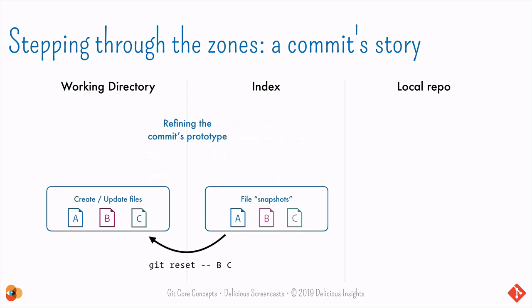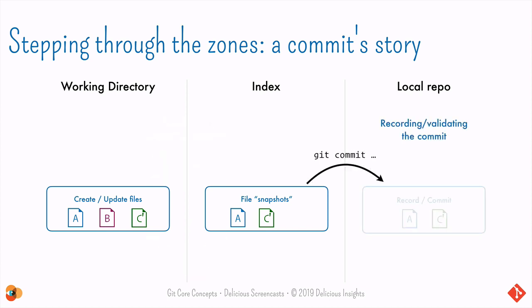We then realize that files B and C are about a different topic than A, and as we want to play nice and craft single topic commits, we decide to take them off the index. We then edit C again, that becomes C prime on the diagram here, and because it now contributes to the topic for the upcoming commit, we add it to the index. And this now looks good to us, so we validate that by creating the commit.